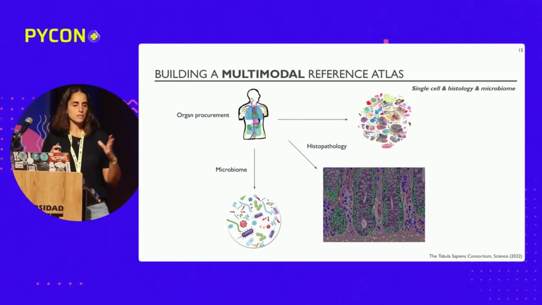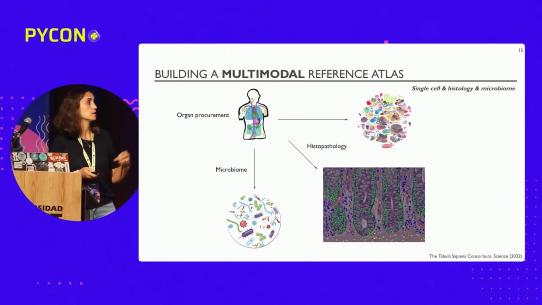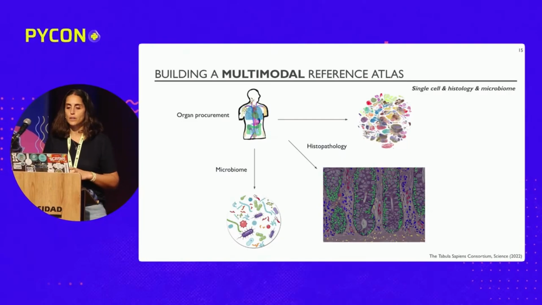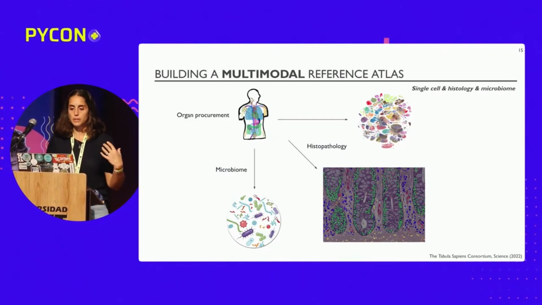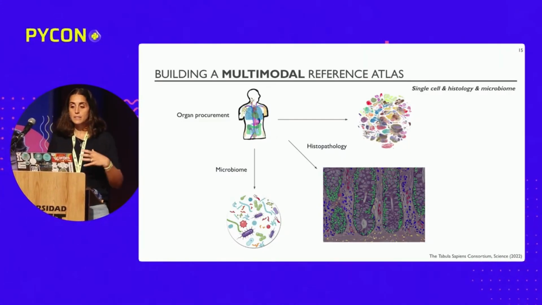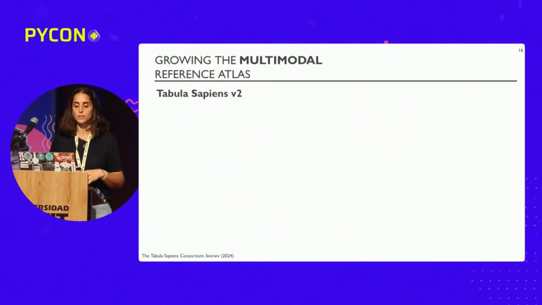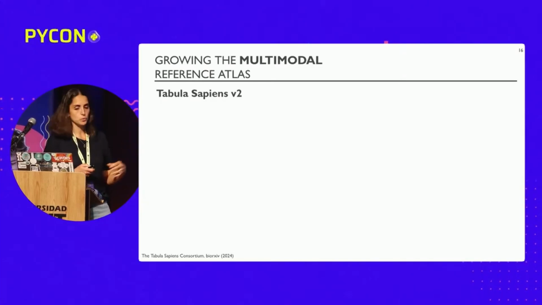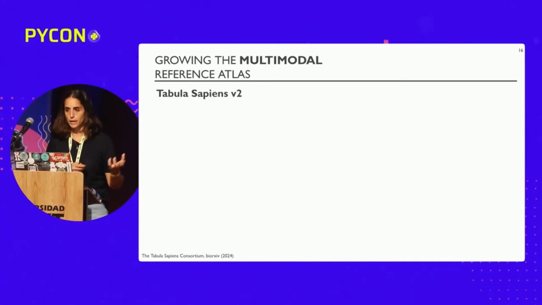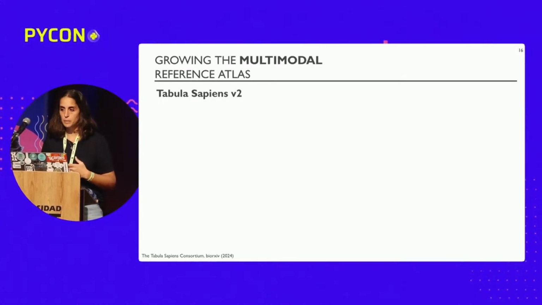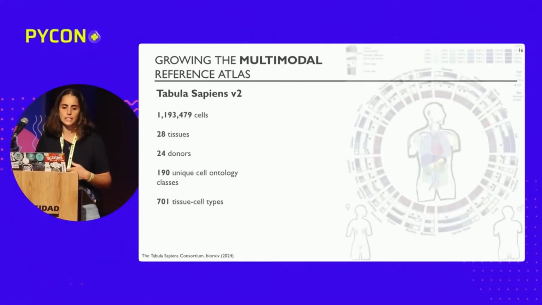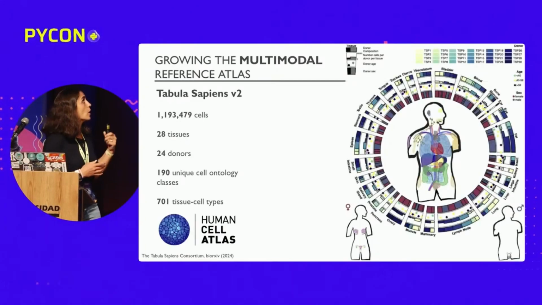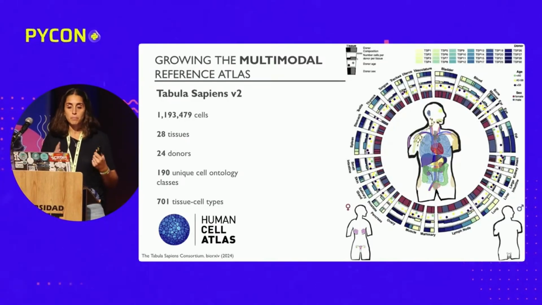And so this was what was in the first version of the references, which was published back in 2022. And since then, we have continued to accumulate data. So in V2, which we posted on bioRxiv and made all the data available at the end of last year, we now have grown into about 1.2 million cells.